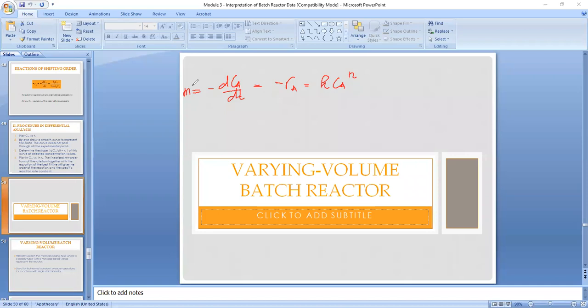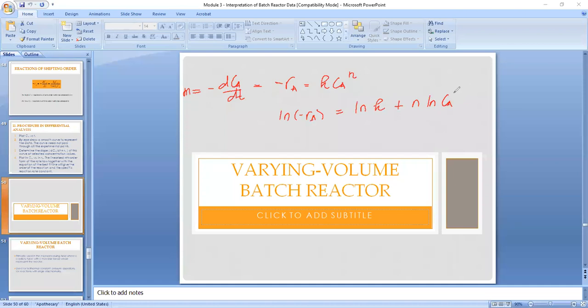So it says that you are to plot the LN of CA versus the LN of RA. If you take the LN of both sides of this, you will have the LN negative RA equal to the LN of K plus N LN of CA.